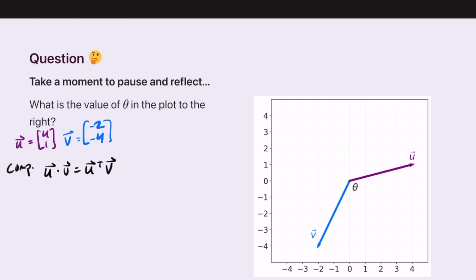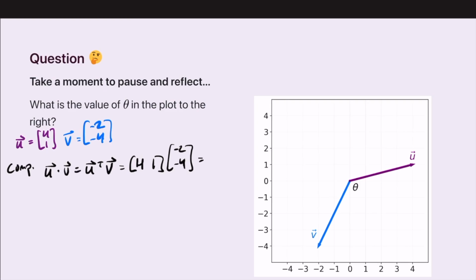We take u and transpose it, so 4, 1 times -2, -4, which gives us 4 times -2 plus 1 times -4, which equals -12.